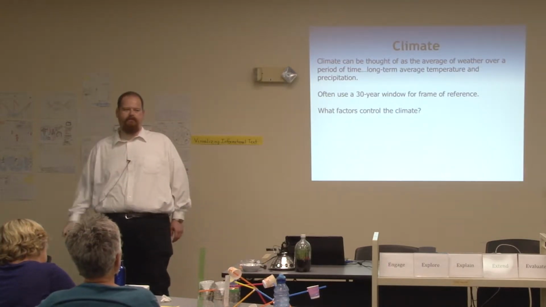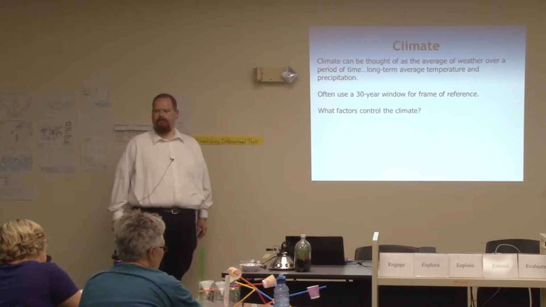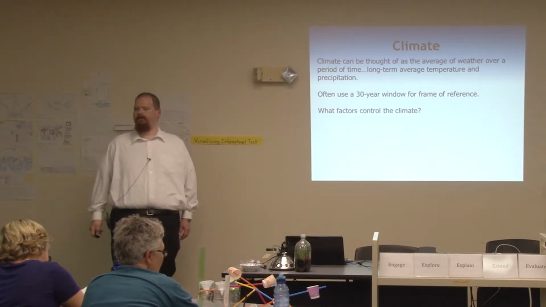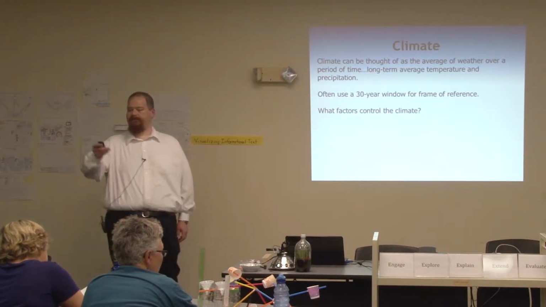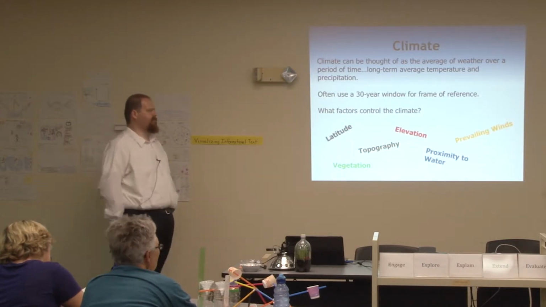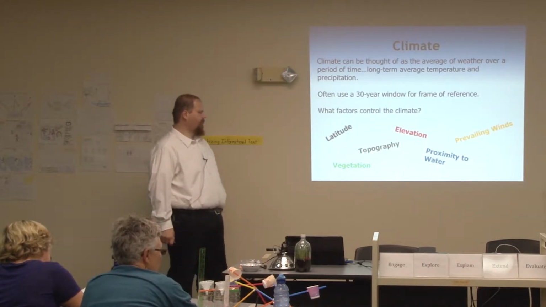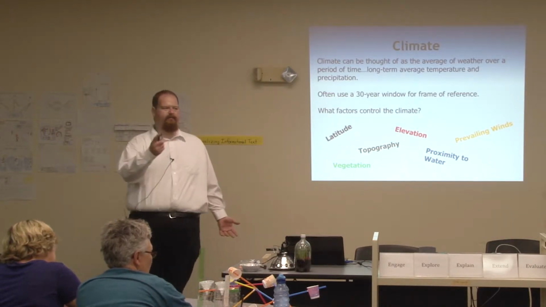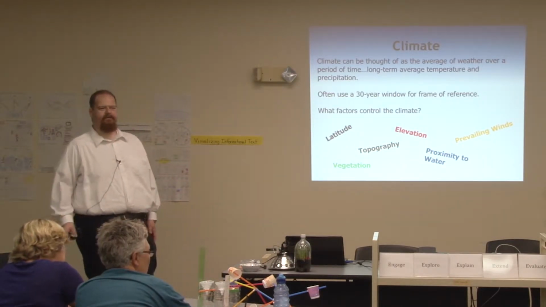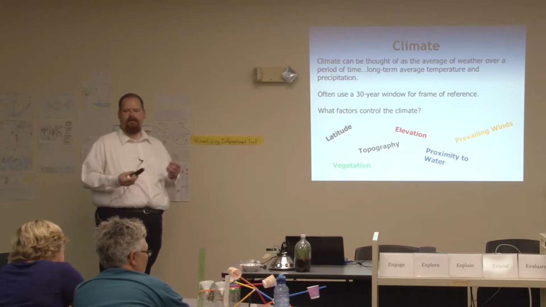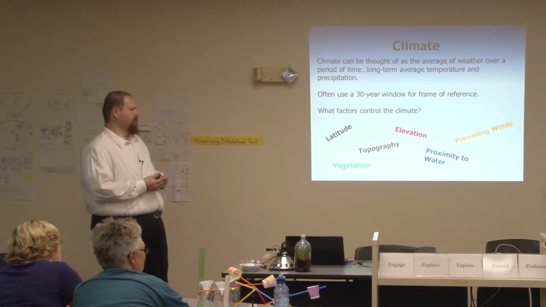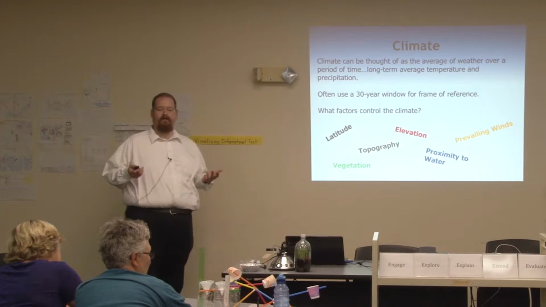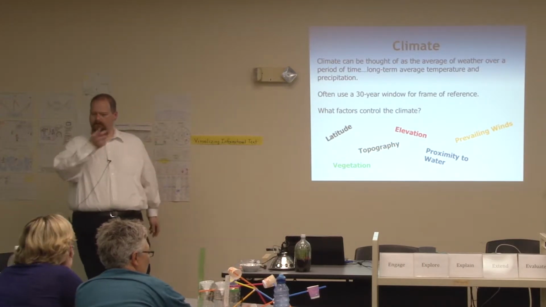Altitude, elevation differences. Weather patterns, like El Nino. Yeah, weather patterns, prevailing winds. So these are all factors that go into what controls the climate. Latitude, also vegetation. I think you had that experiment this week, right? About the temperature sensors in the forest compared to outside in the sun or in the shade. Those are all things that over a long period of time are going to affect the type of climate that you have.